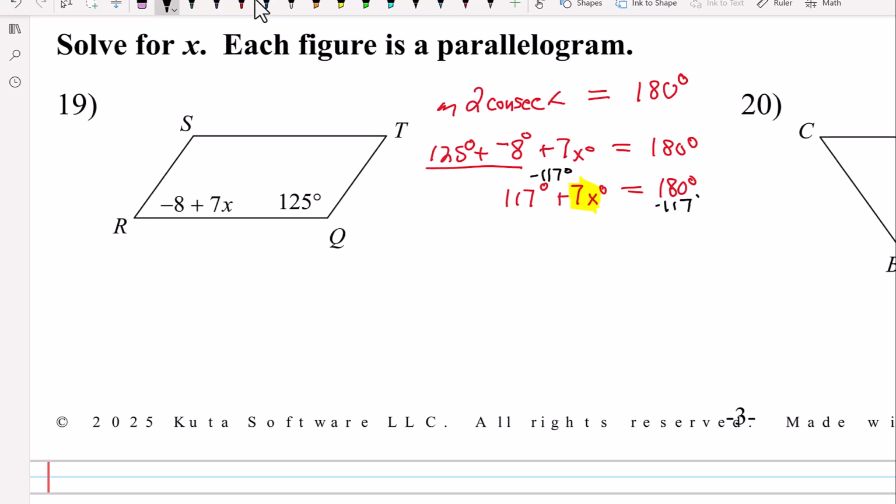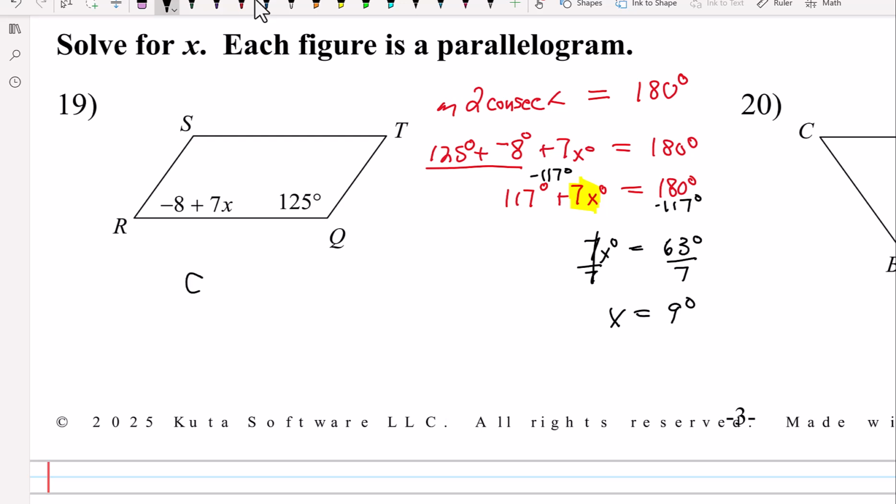If you want to do it that way, that's fine, or over to the side. It looks like that's going to be 63 degrees. And then at last, you divide both sides by 7. So x will be 9 degrees.